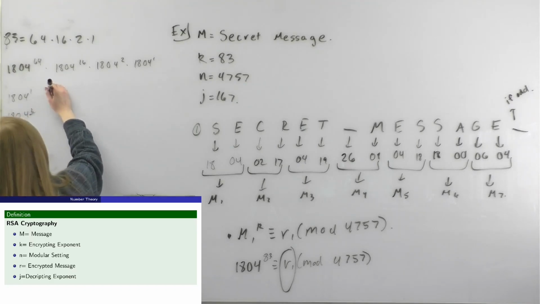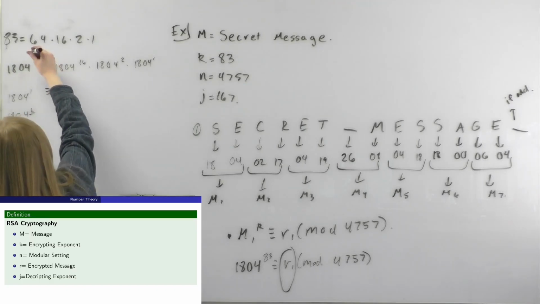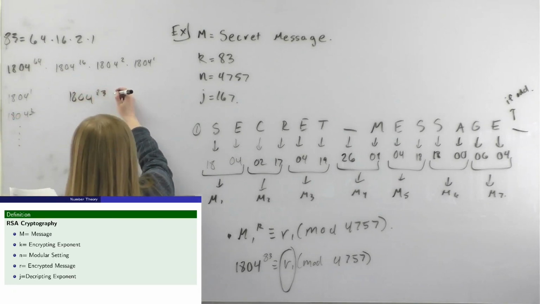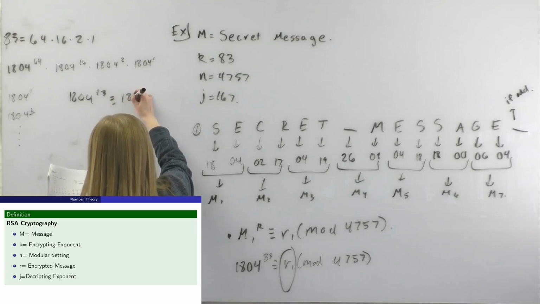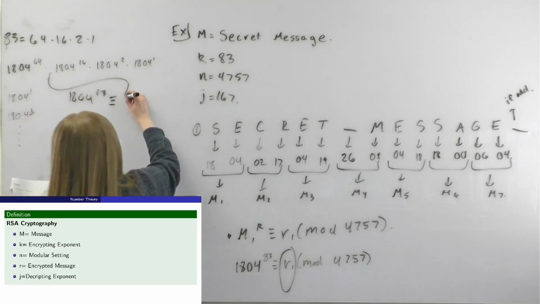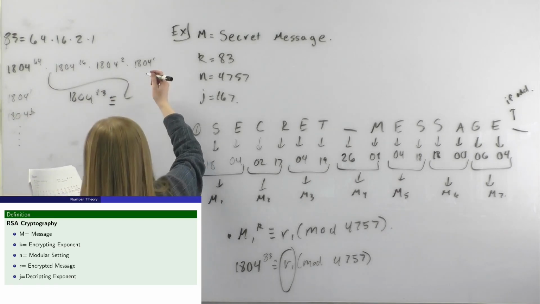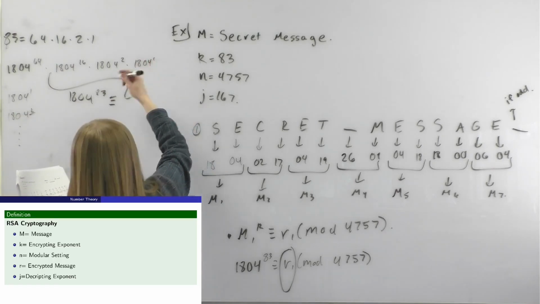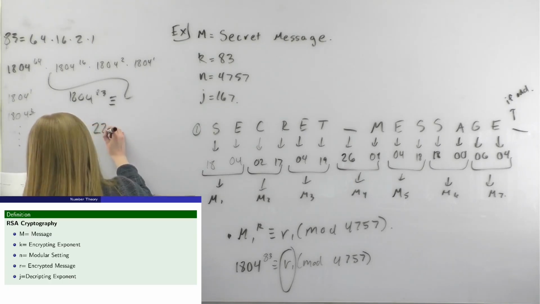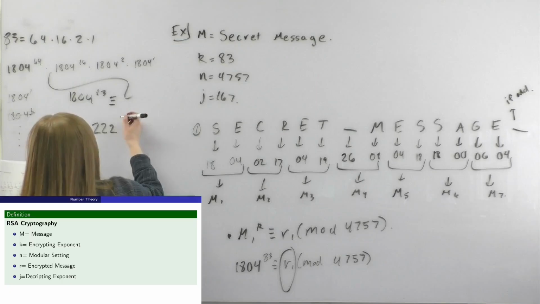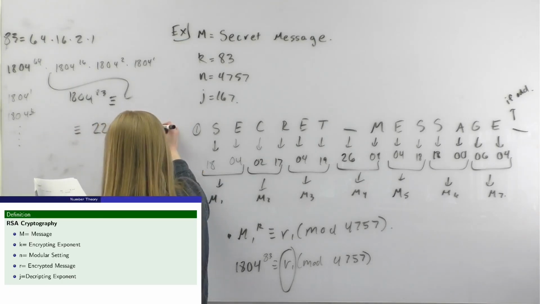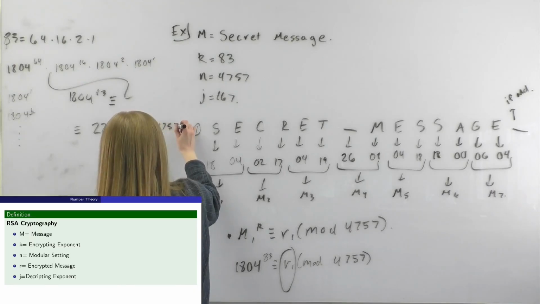We're going to skip ahead a little bit. So we have 18,004 to the 83 power is congruent to 2,225 mod 4,757.